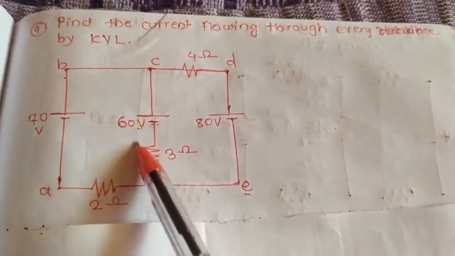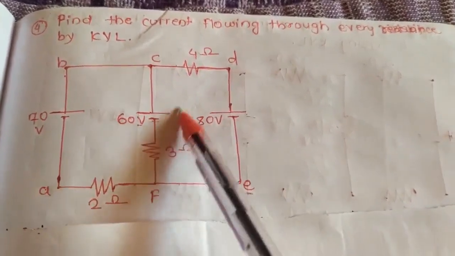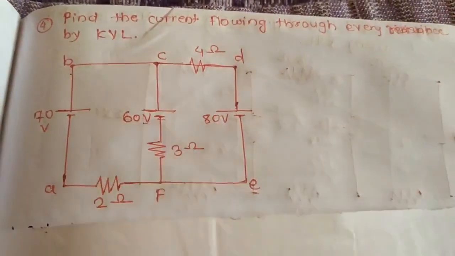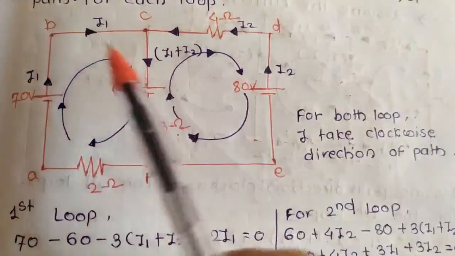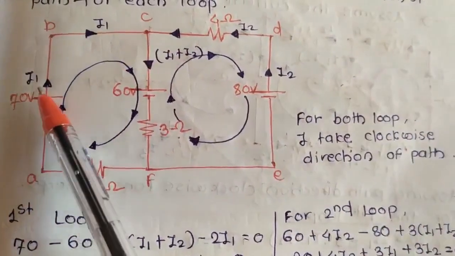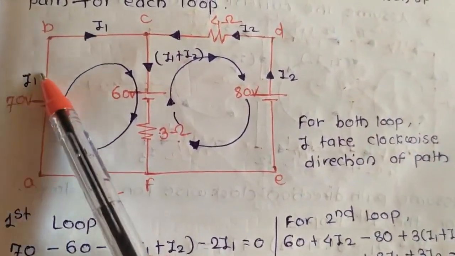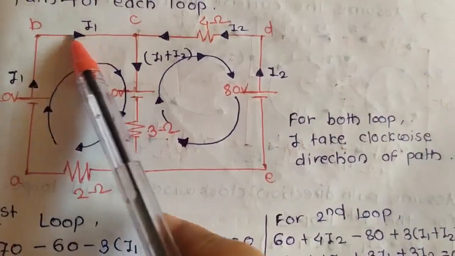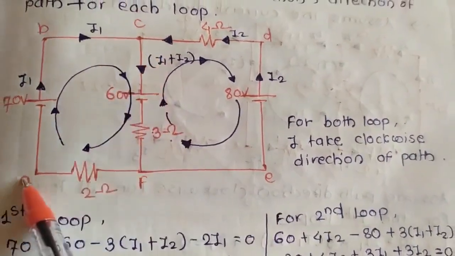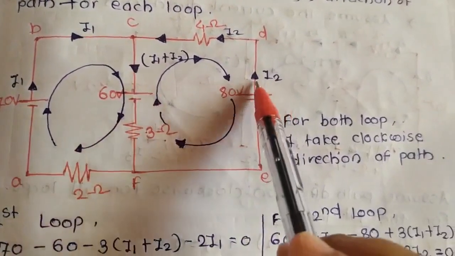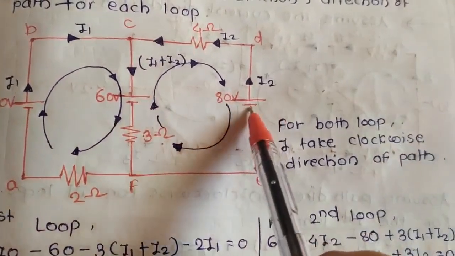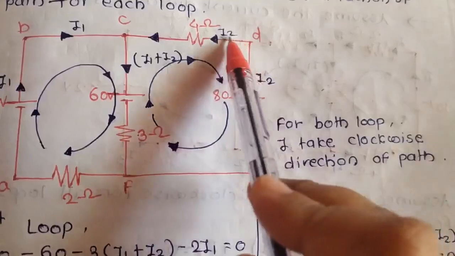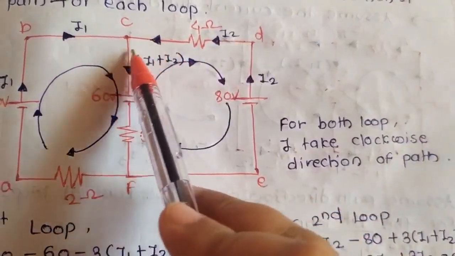If we take clockwise path, here also clockwise path, then see, we take current I1 from 70 volt. This current passes through first loop, and I2 from 80 volt. This current passes from loop second.